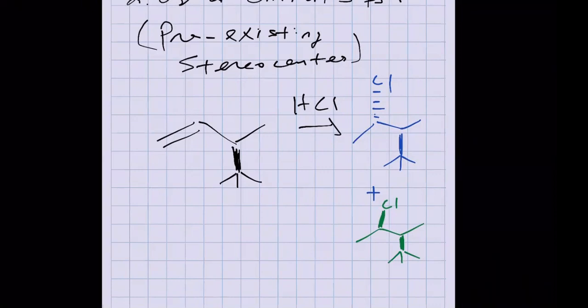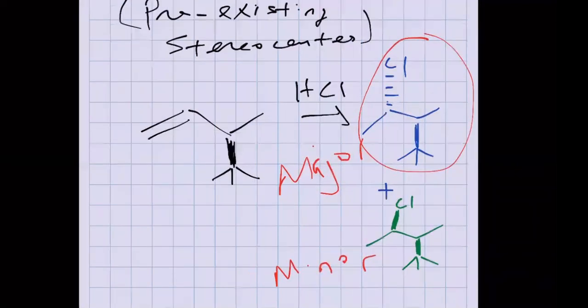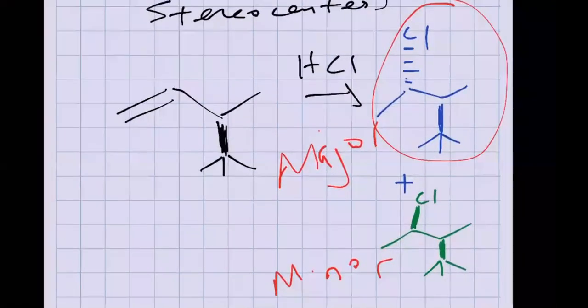Energetically, the molecule is more stable when chlorine is on the opposite side of that tert-butyl group, right? So this is going to be your major product. And then the other one is going to be what we call minor.